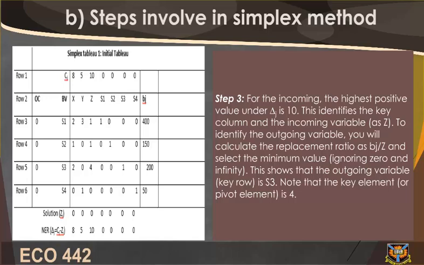This shows that the outgoing variable, the key row, is S3. Note that the key element or pivot element is 4.